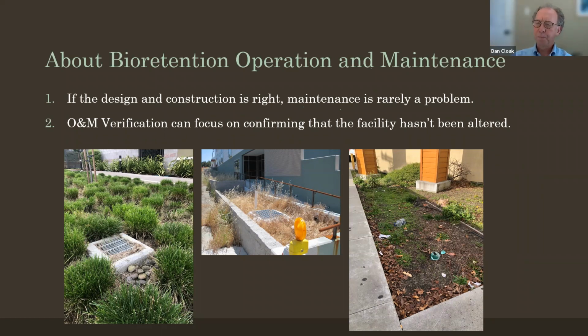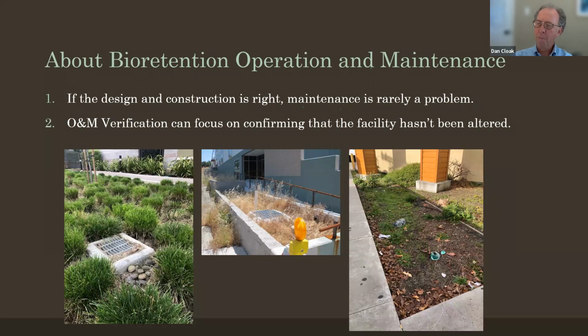And so the big lesson here is that if the facility is designed and constructed correctly, including its placement on the site, there is rarely anything that needs to be done with maintenance being a problem.